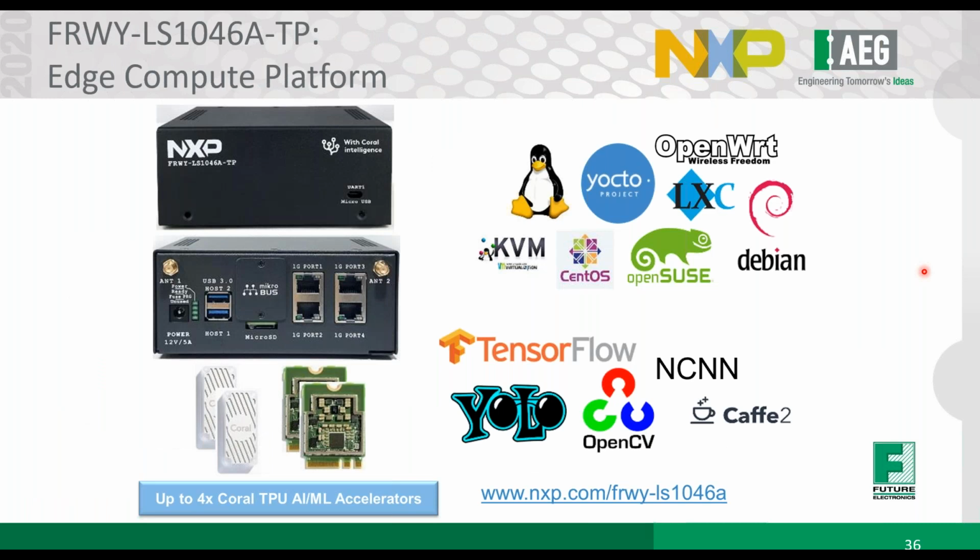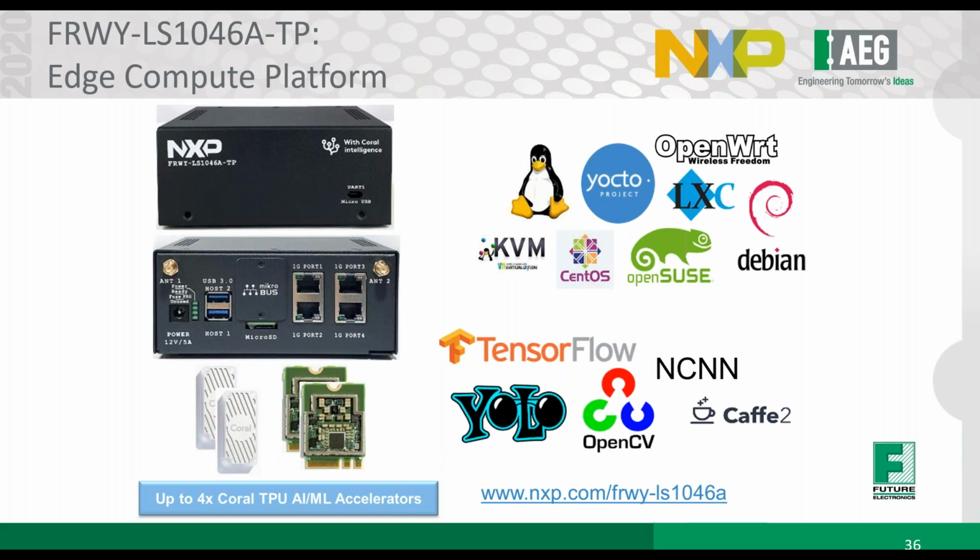So finally, this is the same device that I just showed you on the previous use case, but this is an edge compute platform where we've enabled quite a few development environments in terms of different Linux distributions, OpenWRT, Linux containers, like I mentioned, Debian releases like Ubuntu, CentOS, KVM for virtualization, and we also have multiple different AI machine learning frameworks already running on the platform as well: YOLO, TensorFlow, TensorFlow Lite, OpenCV.